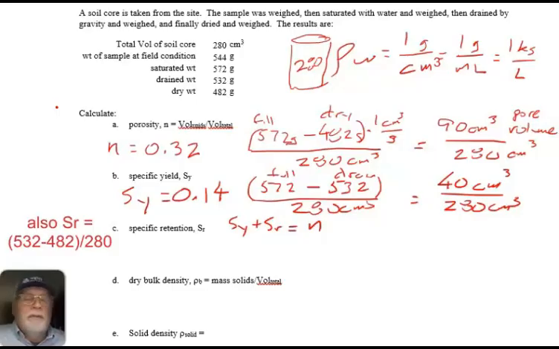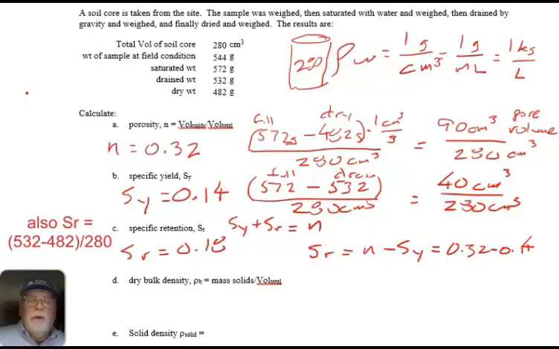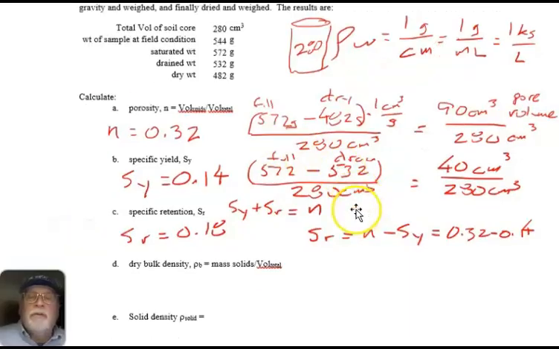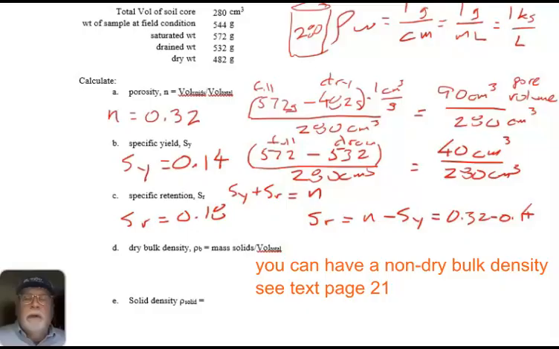But since I already have the specific yield, I can just say that the specific retention equals porosity minus specific yield equals 0.32 minus 0.14, and that equals 0.18. Right? 0.18 plus 0.14 equals 0.32.